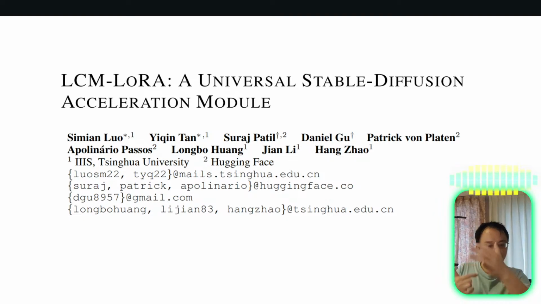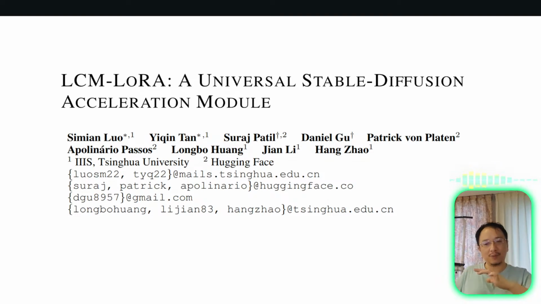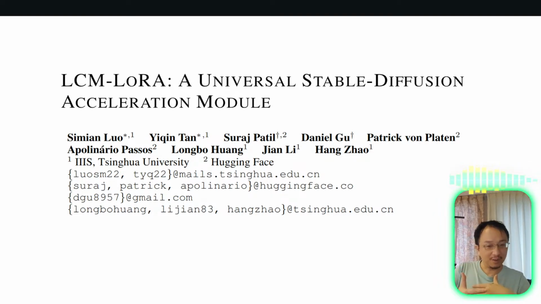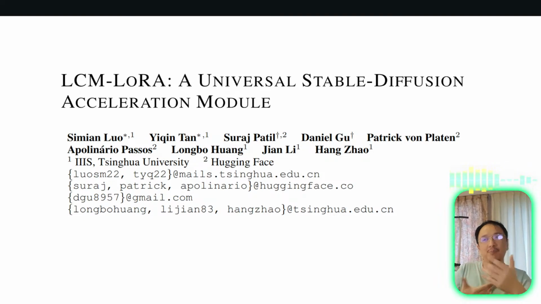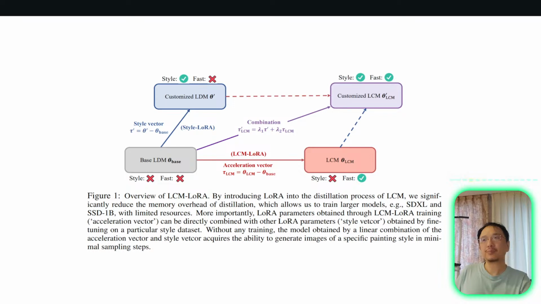So the original diffusion model is already a denoising model. So the LCM model is supposed to be very similar to the original one. It just needs to denoise a little bit harder, maybe just that. So they are very similar. So LoRA makes a lot of sense in this situation.